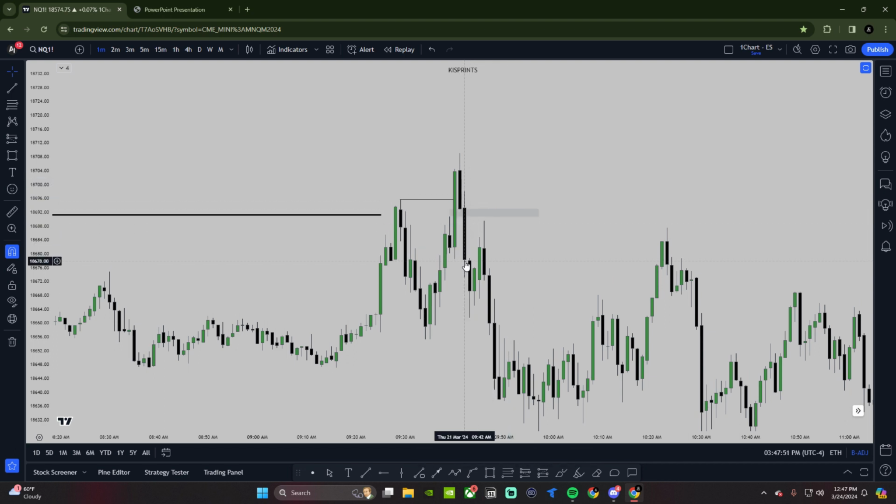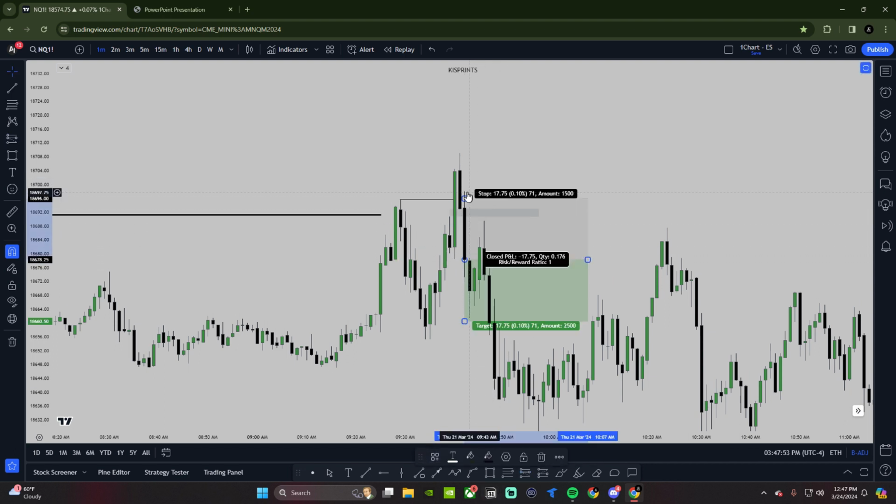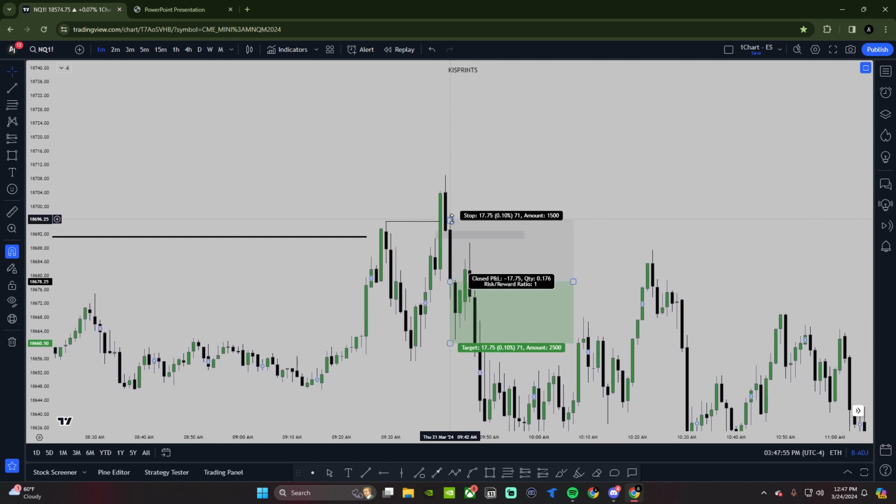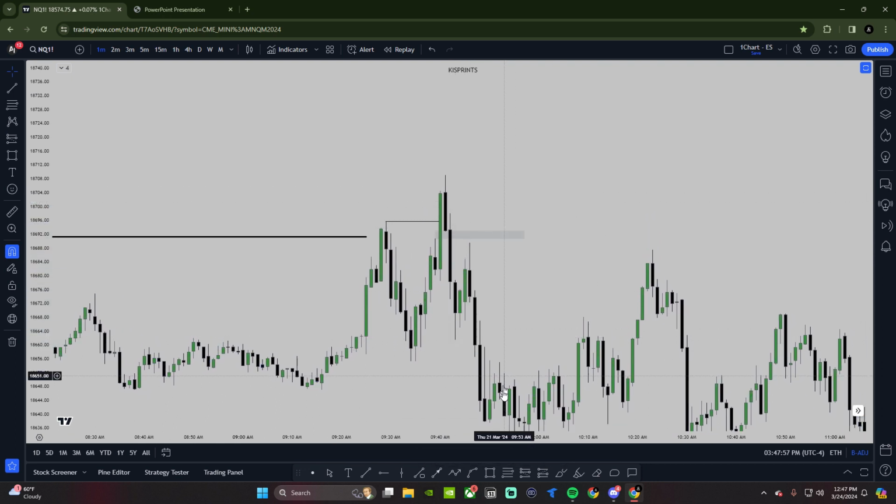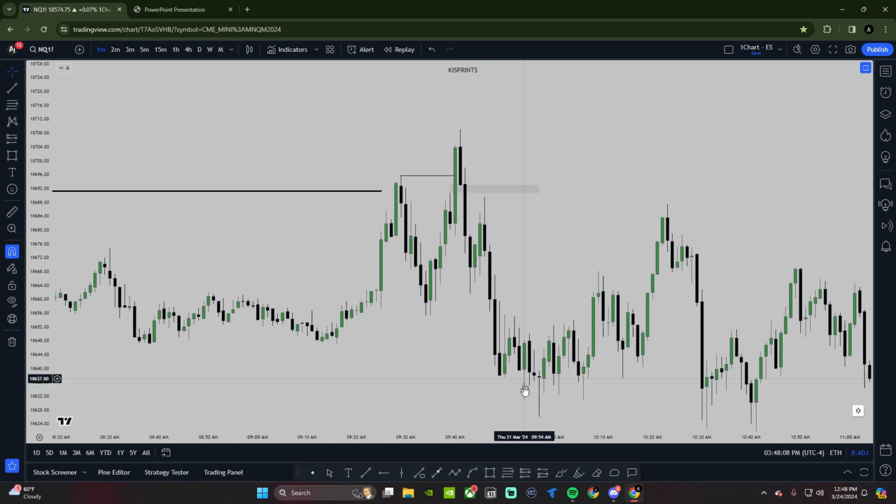That would have been your closure entry, or you can be more risky and wait for the retracement back into the inverse. But you see how this wick didn't retrace back into the inverse, so you wouldn't have been filled and price just dips lower. So there are pros and cons to entering off the closure, and pros and cons to entering off the retracement back into the inverse.